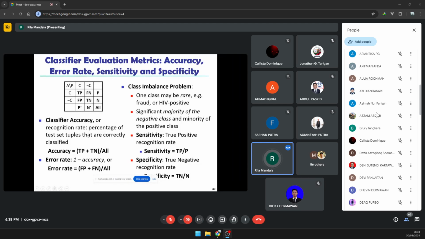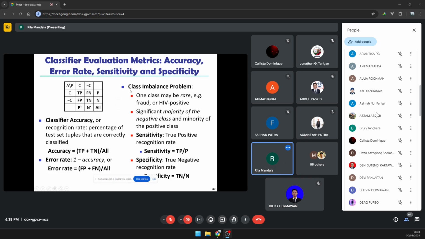I already explained last week that you should not choose accuracy as the evaluation metric if your data set is not class balanced. If your data set is class imbalanced, then don't use accuracy to measure the performance of your machine learning method.